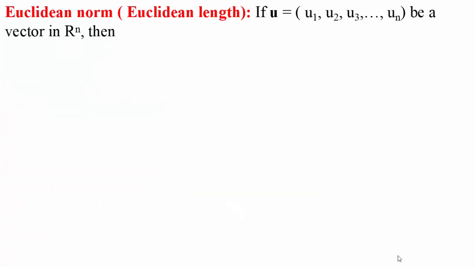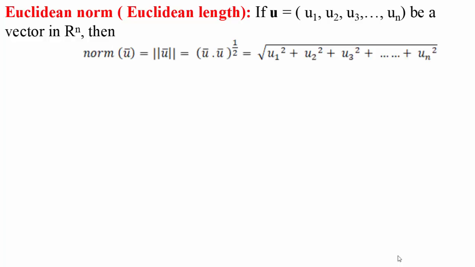We define Euclidean norm. It is also called Euclidean length. If vector u equals u1, u2, u3, un is a vector in Rn, then the norm of u is denoted by double vertical lines around u. The norm of u is u dot u raised to half, that means the square root of u dot u, and u dot u is u1 square plus u2 square plus u3 square plus so on un square.